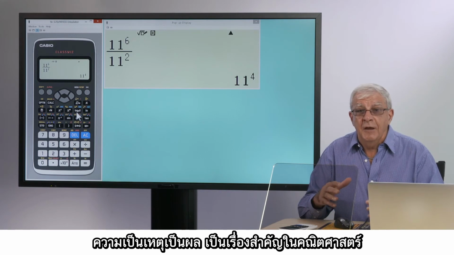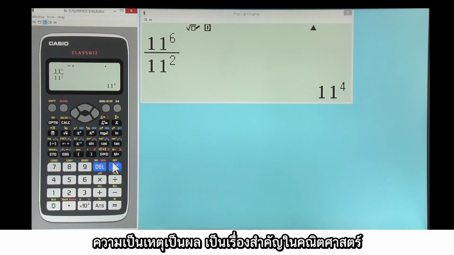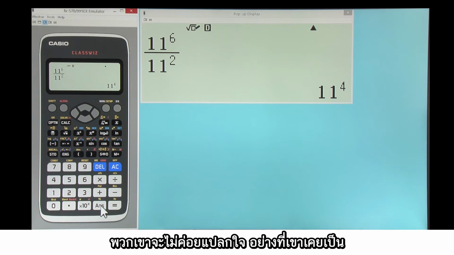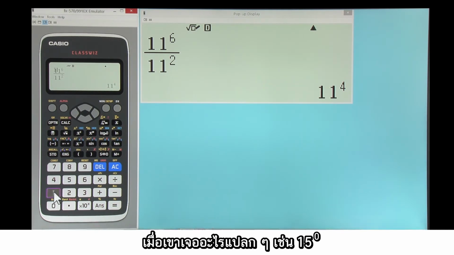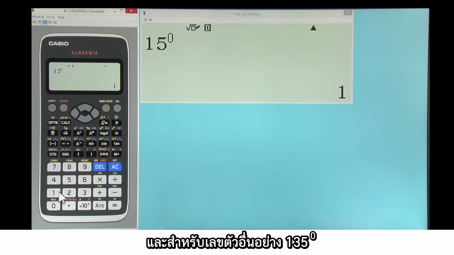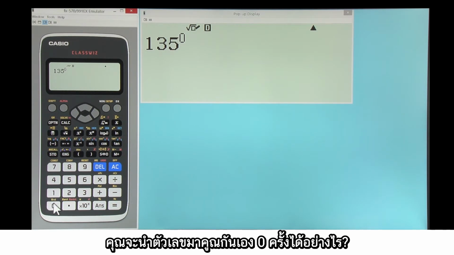It's important in mathematics to have reasons. So once the students are confident with dividing numbers expressed as powers, they will be less surprised than they would otherwise be to see what might look like strange things to them, like 15 to the power 0. It's hard to understand what a power of 0 might mean, but another number like 135 to the power 0, how do you multiply something by itself 0 times?